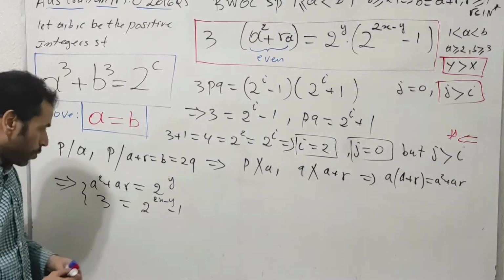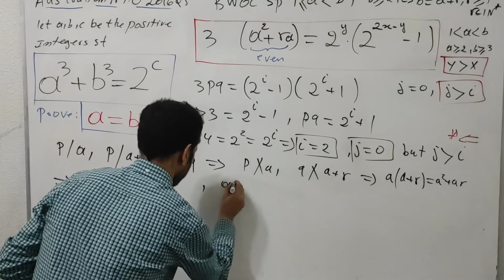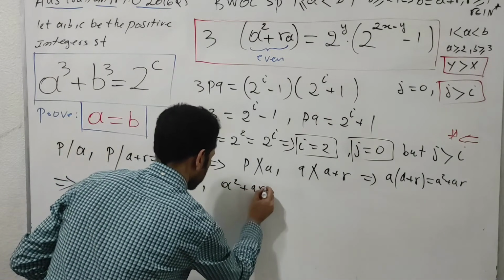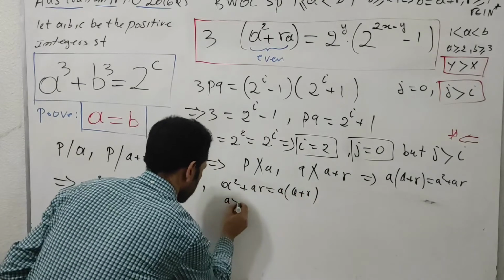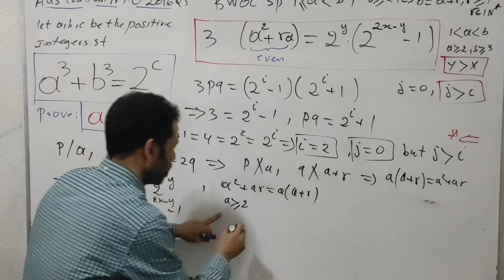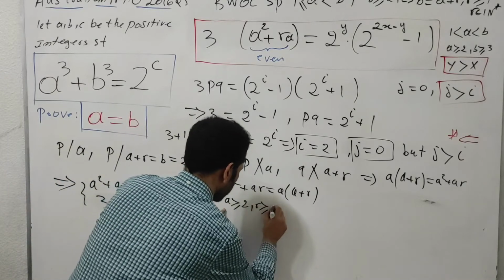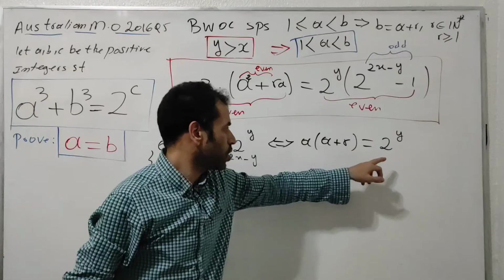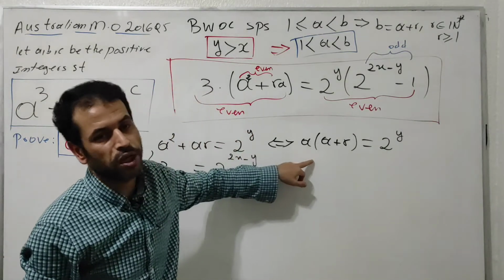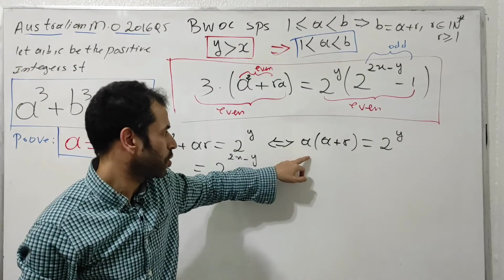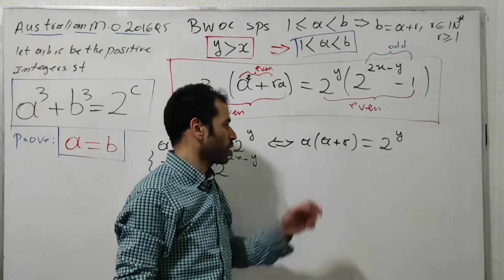The contradiction starts showing up. We have this product: a squared plus er equals a times (a plus r). You have chosen a to be at least 2 as an even number, and r is also an even number, at least 2. Since the right hand side of this equation is a power of 2, the left hand side is a power of 2 as well. So I'm doing the same job that I did before.